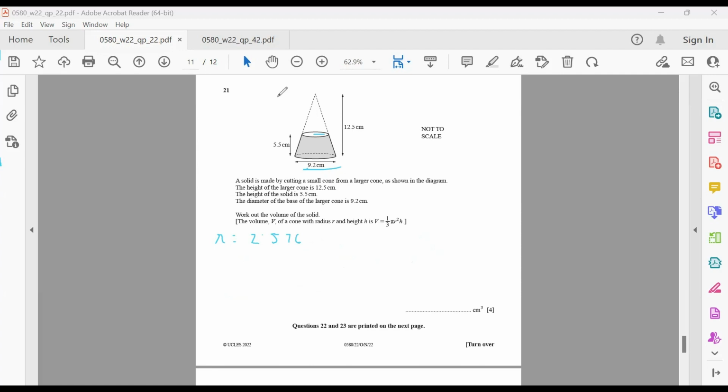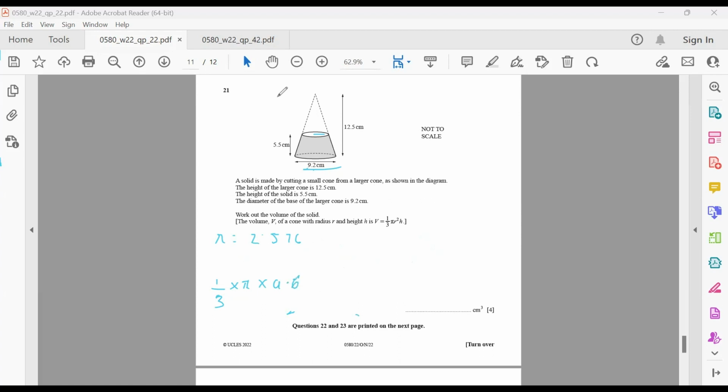So now if you see the volume, it's 1 by 3 into pi r squared. So that's 1 by 3 into pi. Now we do the big cone first. So the radius for the big cone was 4.6.